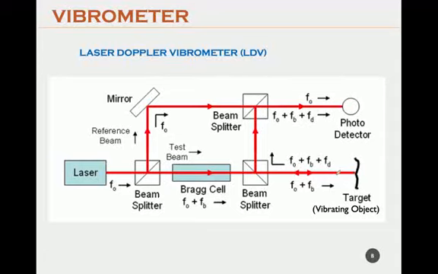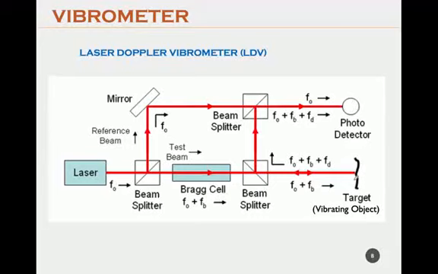Now the object, when it is subjected to a laser beam, will be reflecting the laser back, and that will go here and back to the photodetector. Actually it's an interference counting device. It's an automatic device which will count the number of fringes.